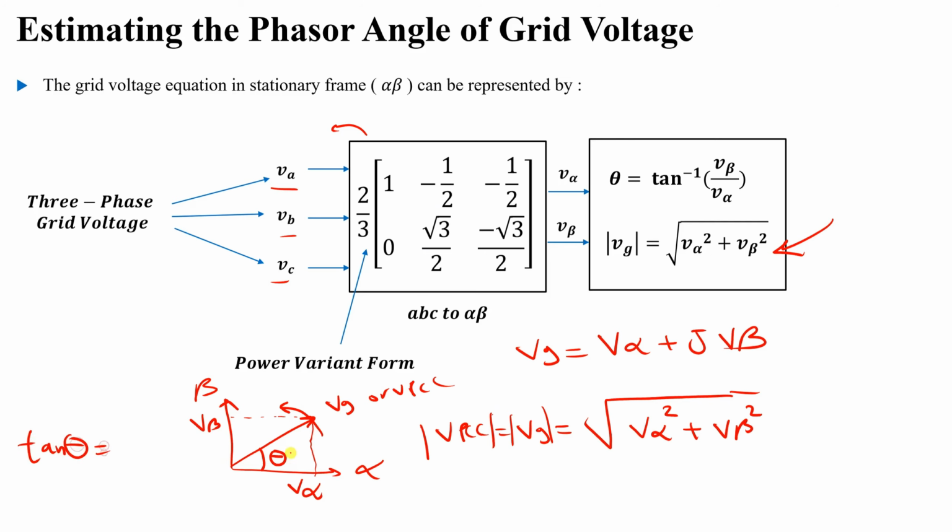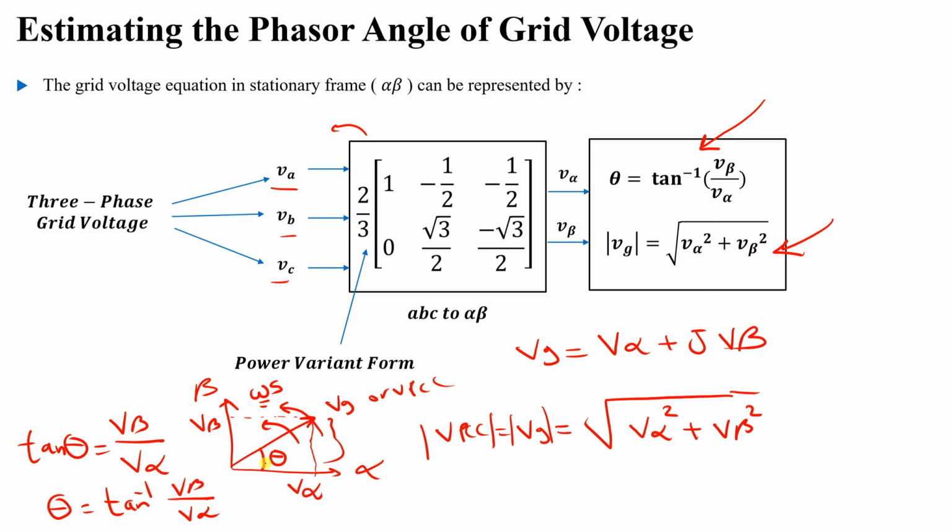Tan theta is the opposite, which is V beta, divided by the adjacent, which is V alpha. That's why if I would like the angle, it will be tan minus 1 of V beta over V alpha, which is exactly this equation. So again, this vector is the resultant of VA, VB, VC, and it is rotating with omega s, the angular frequency of the system, 2 pi multiplied by the frequency. And at any instant it has this angle theta which is used in the transformation.